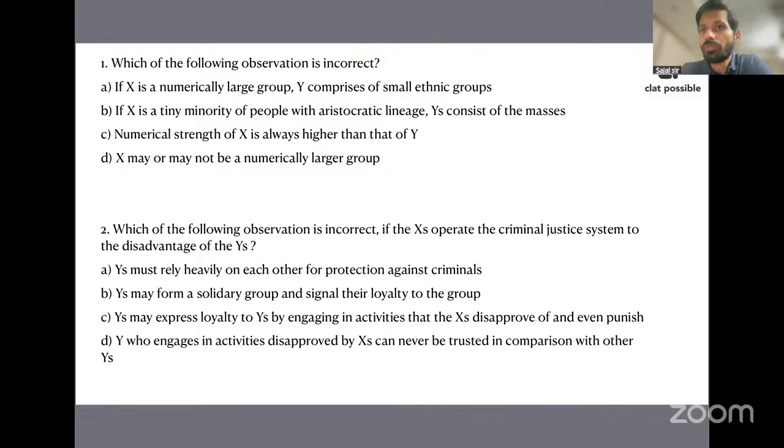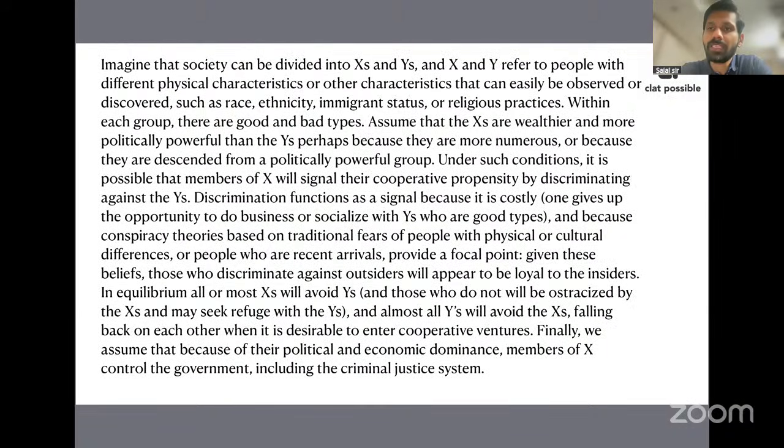Many of the people who were solving this passage in the exam setting while taking AILET didn't attempt it, and many of them had gotten some questions incorrect.